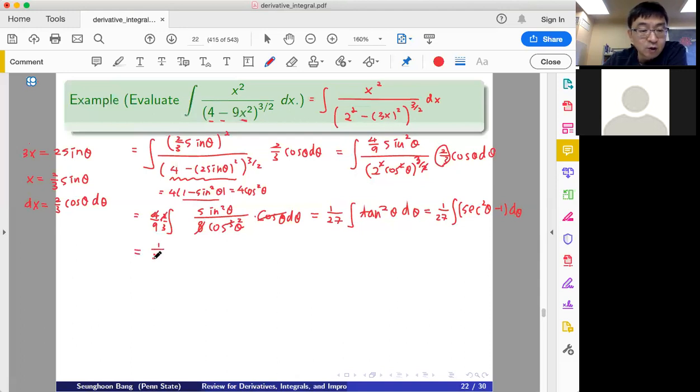Next, find the antiderivative. 1 over 27. So what's that? What is the integral of secant squared? The integral of secant squared is only tangent.